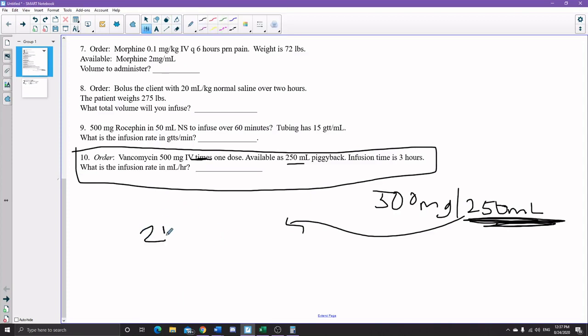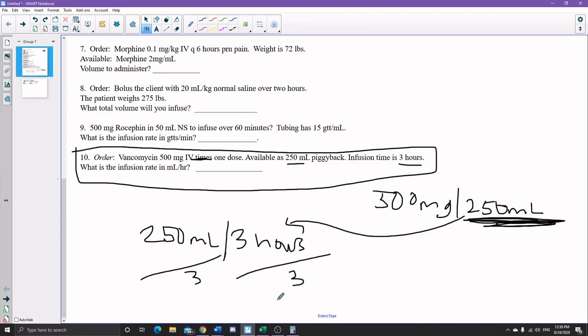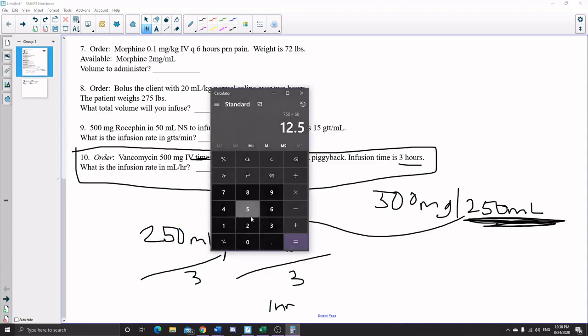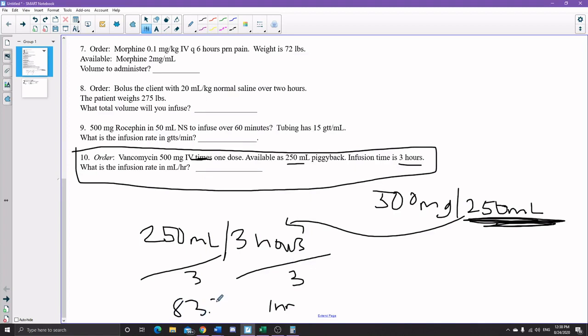Take that 250 ml. We need that over 3 hours. And I format it like this, 250 ml over 3 hours. So I want this down to 1 hour. What do we do? We divide this by 3. So this equals 1 hour. And then we do this, 250 divided by 3 is 83.33 per hour.